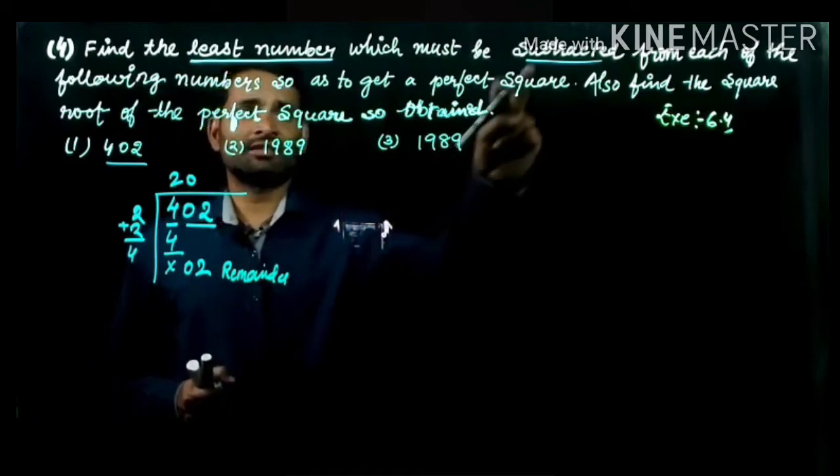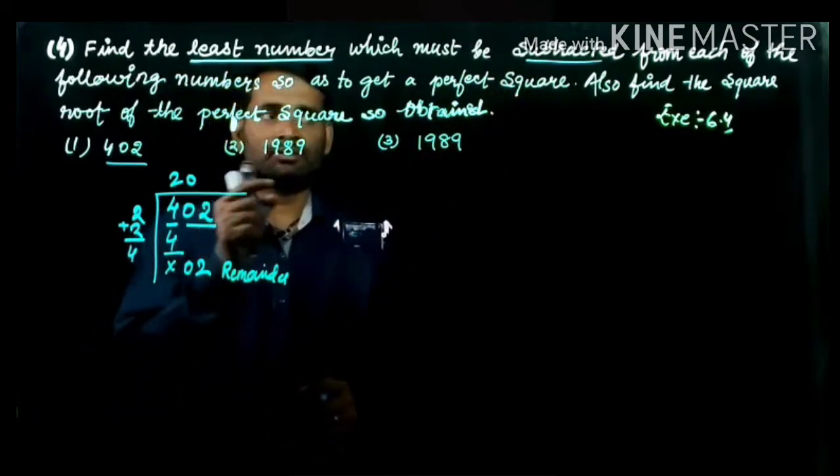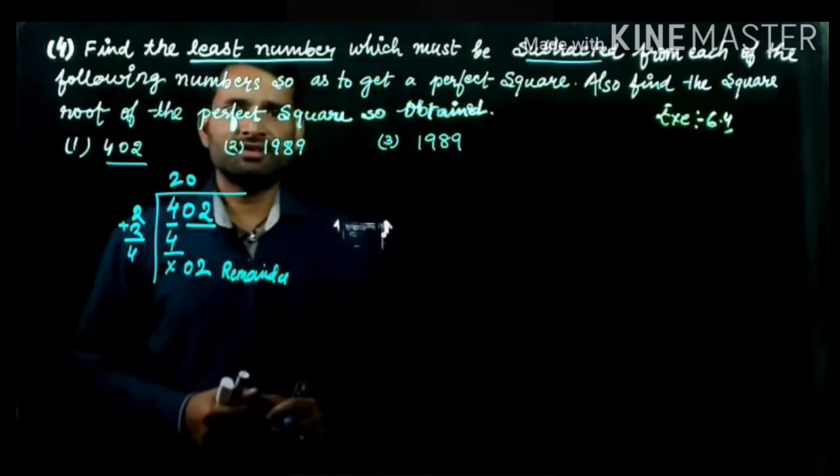Okay, remainder. Subtract. It's the important trick in this question. If the question asks to subtract, your remainder is positive. And if the question asks for the least number to be added, that remainder is negative.